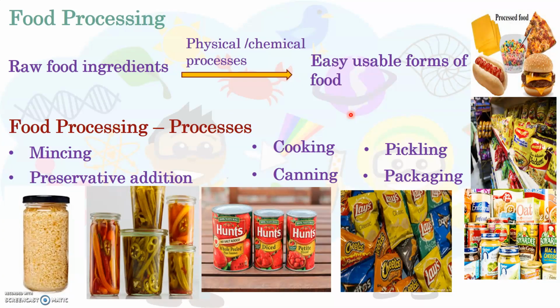Food processing is nothing but transforming or changing raw food ingredients into food that is available in an easy usable form. And such processed foods are available in the market. The processing involves a physical or a chemical process. As you can see here, these are some of the processed foods that are available in the market.